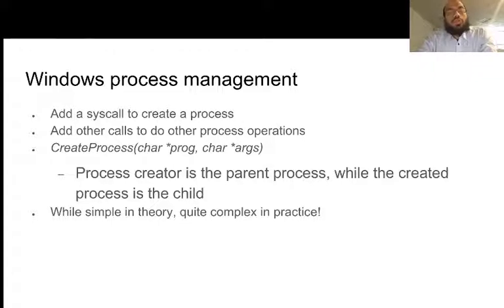So the process creator is the parent process, while the created process is the child. When you first start Chrome or Edge, you have a parent process, and this parent process is basically the actual program. And then each tab you create is basically a child process to this parent process.